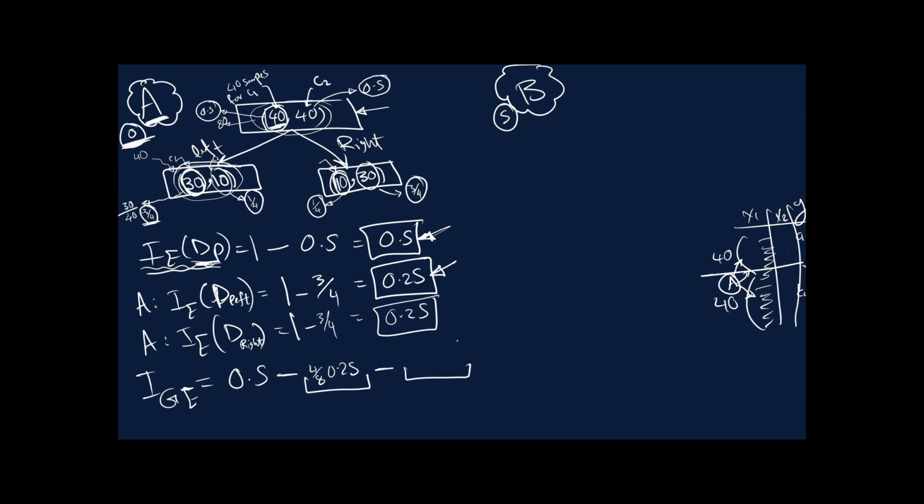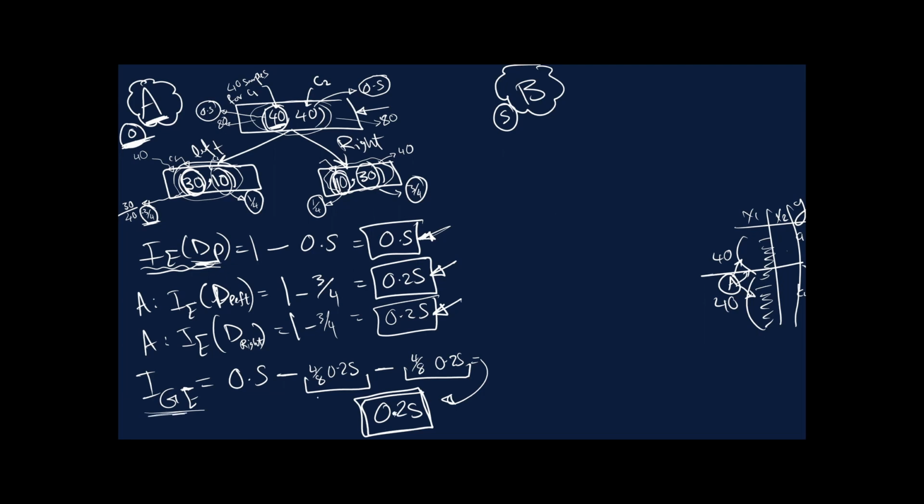And we do the same for the right child. Here we have a total number of samples of 40 over 80, so the same ratio, 4 over 8, multiplied by 0.25, which is the impurity of that. So this would give us 0.25 at the end. So this would be the value of our information gain.